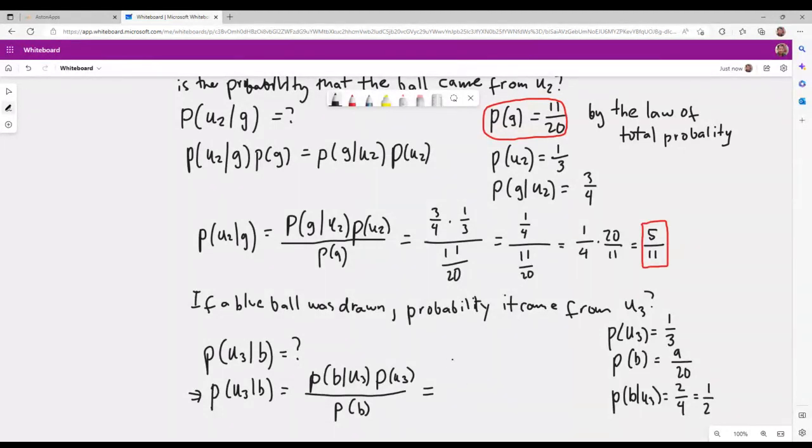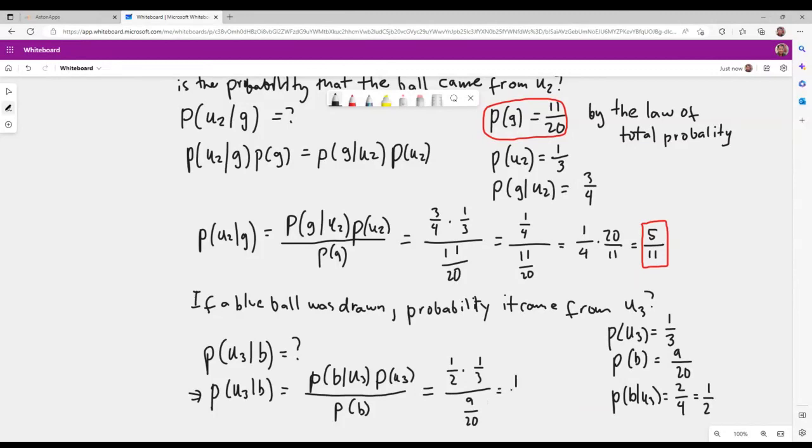And so with that, by direct substitution of the probability values into our expression, we get 1 over 2 times 1 over 3 divided by the probability of randomly selecting a blue ball, which is 9 over 20.